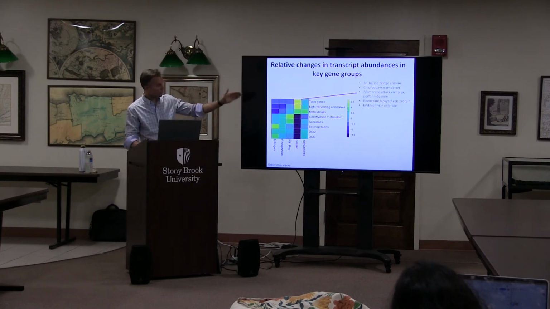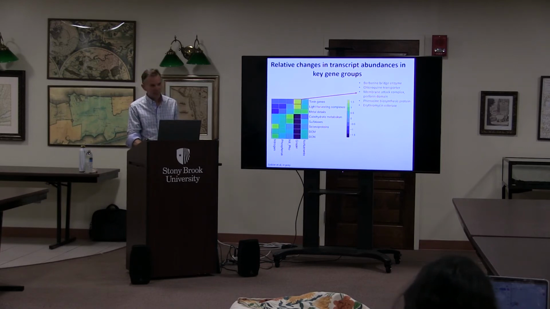There's a whole suite of genes in there, and those are just a list of some of them, that may be related to predator defense. Of those, I'll highlight membrane attack complex. That sounds like, if you're engaged in microbial warfare, being able to attack the membrane of a competitor or predator might be a good thing.